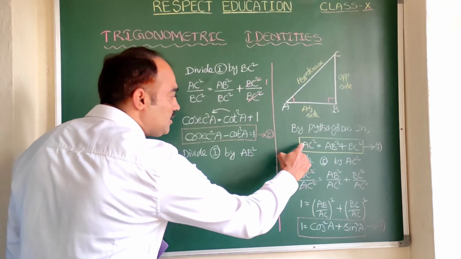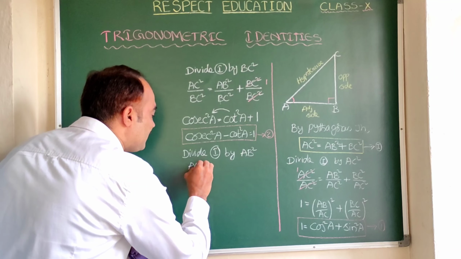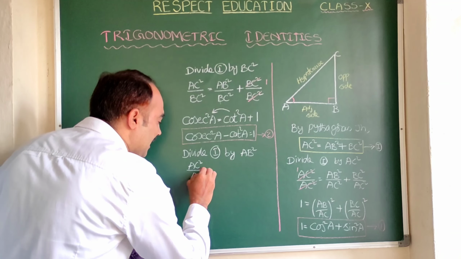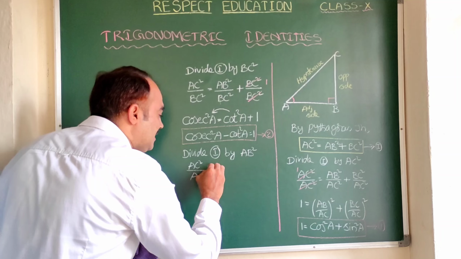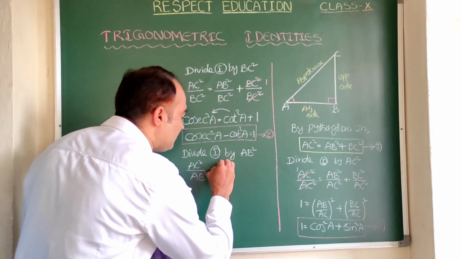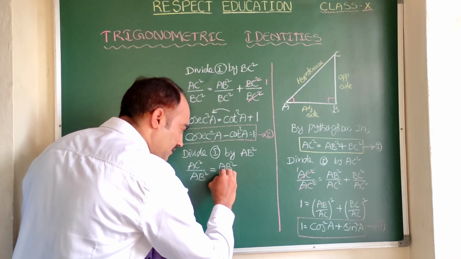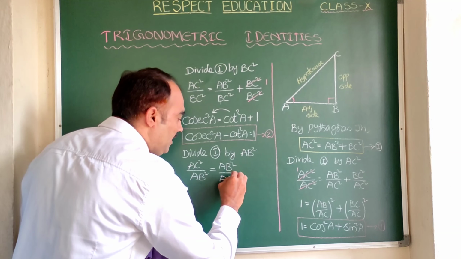AC square becomes AC square by AB square is equal to AB square by AB square plus BC square by AB square. Here AB square gets cancelled one time.